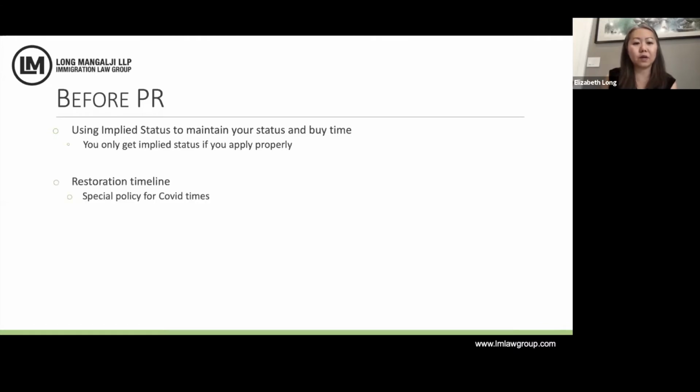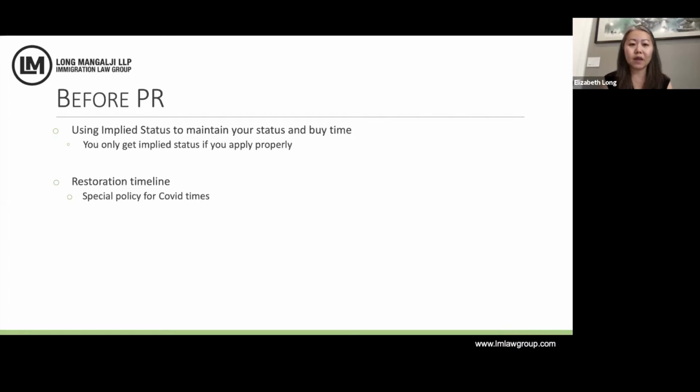Now, what happens if I forgot to extend my status? And on September 1st, I'm getting ready for school, and I take a look at my study permit, and I see, oh no, I forgot to extend my status. What happens then? Well, the problem is that on September 1st, I no longer have status.